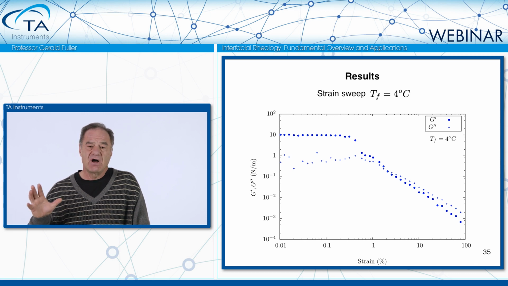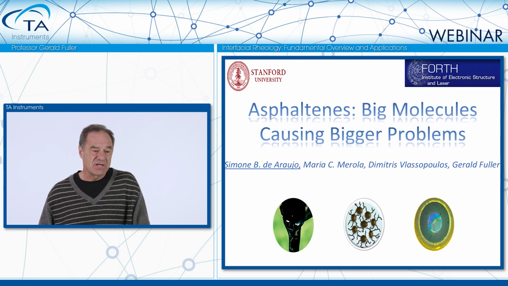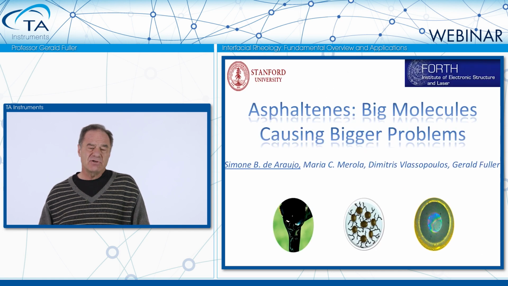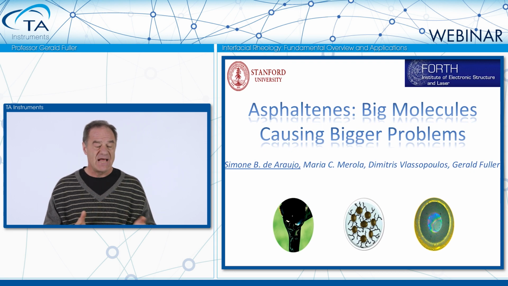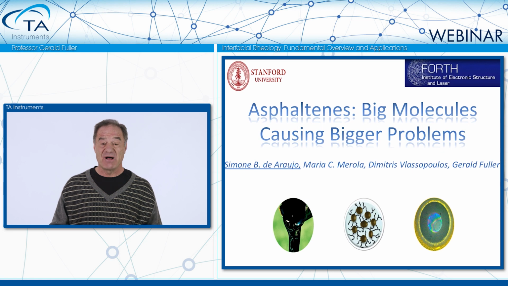So these are very soft, fragile films that are formed. So that's that application. Now let's look at another oil field problem, asphaltenes. It's a big problem also in the oil industry, from production to refining.